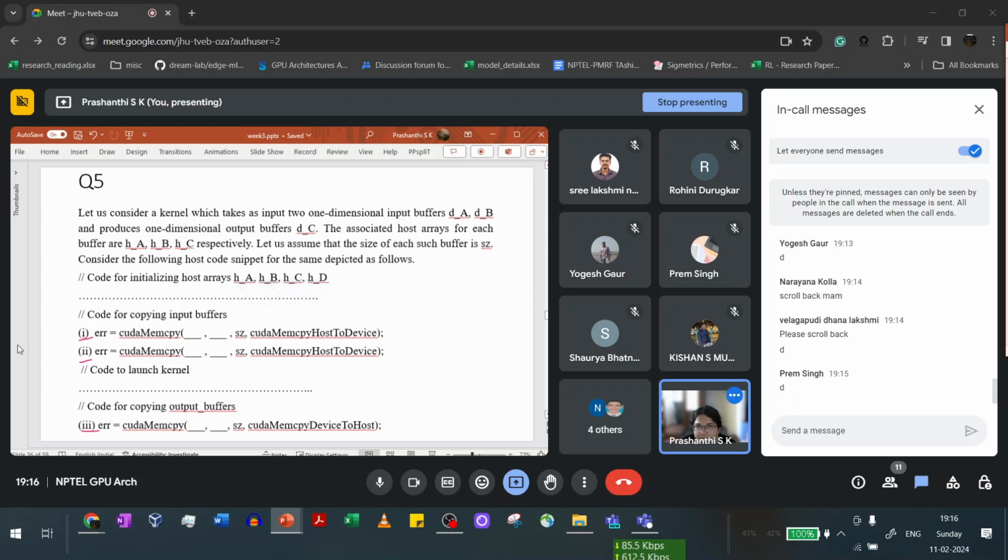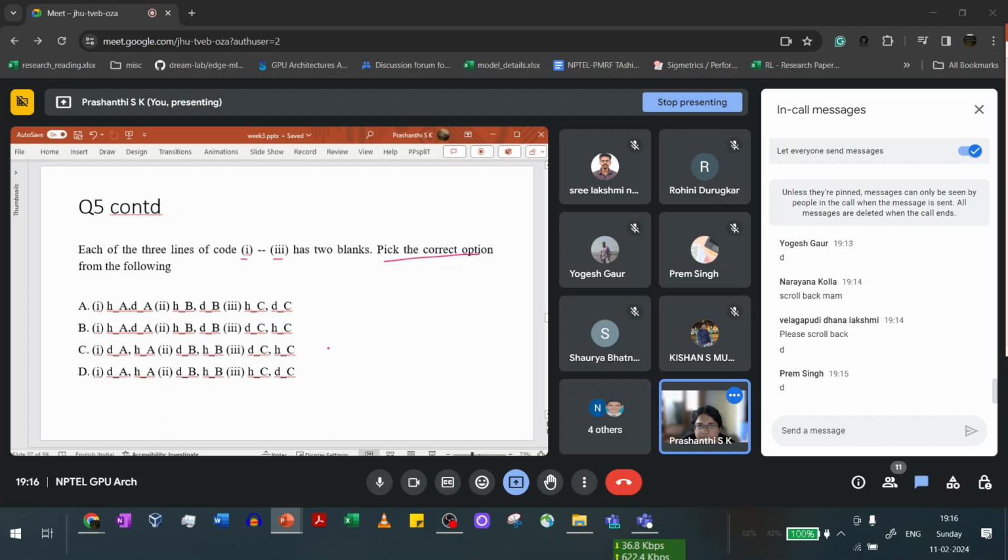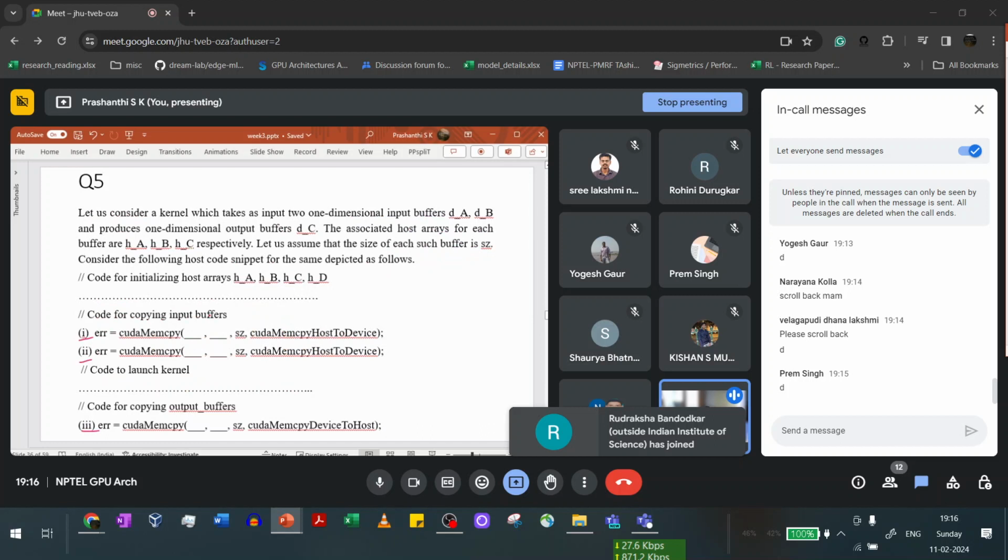Okay, let's look at the answer. The answer is D, as several of you said. So why is it D? Remember that the convention is destination comma source, from the previous slide. So what are you trying to do here? You're copying the input buffers, so you're copying from host to device.